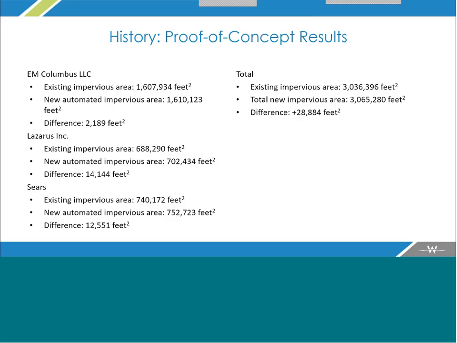And we decided to compare the existing data versus what we extracted using the feature extraction methodology. And we were able to obtain nearly 29,000 additional square feet of impervious over and above what was being recorded or what was being used to bill for stormwater in this particular area.